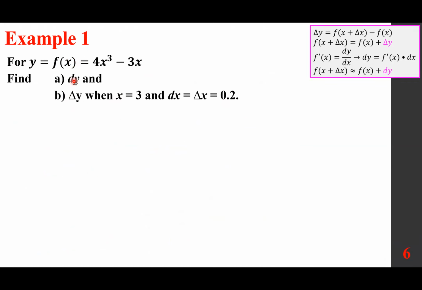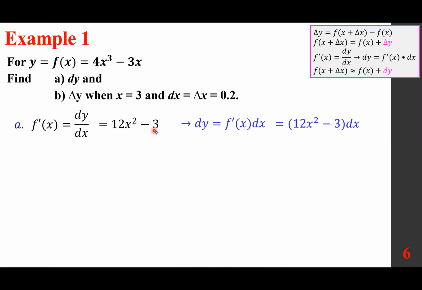The moment you hear dy, find f prime of x, differentiate. 12x squared minus 3. And then dy is simply the product of this and dx. So what you do, just tag along dx. That's all you have to do. And that's dy, everybody. Just tag along dx.